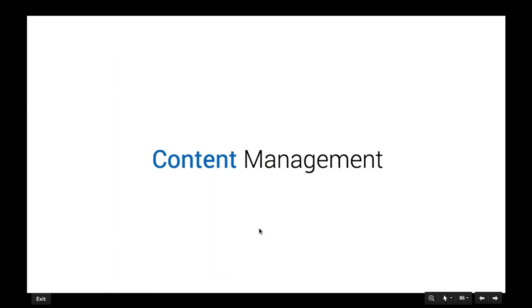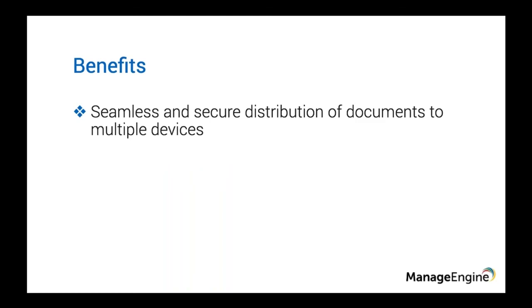Now let us come to content management, which is the offering of MDM for secure distribution of documents. As we just saw, distributing attachments or any other documents through email doesn't seem to be a very secure option. MDM nullifies this problem through its content management module. The benefit of content management is that it lets you securely and seamlessly distribute documents to multiple devices or groups right from the server.